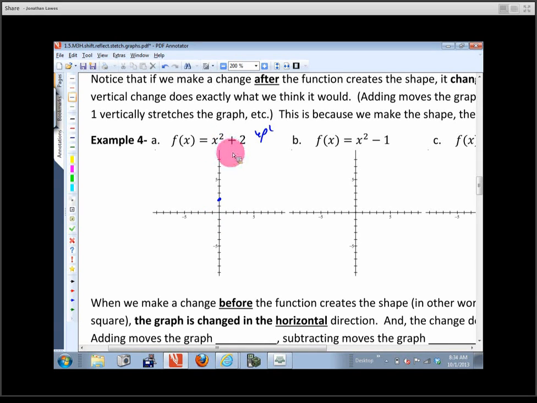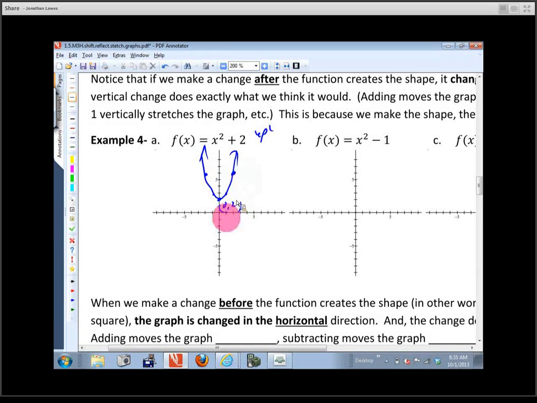So we could graph a whole bunch of points by going over 1 and up 1 squared, over 2 and up 2 squared, back 1 and up 1 squared, back 2 and up 2 squared. So that is the exact same shape. It's just been moved up 2 units. So again, this would be (0, 2).